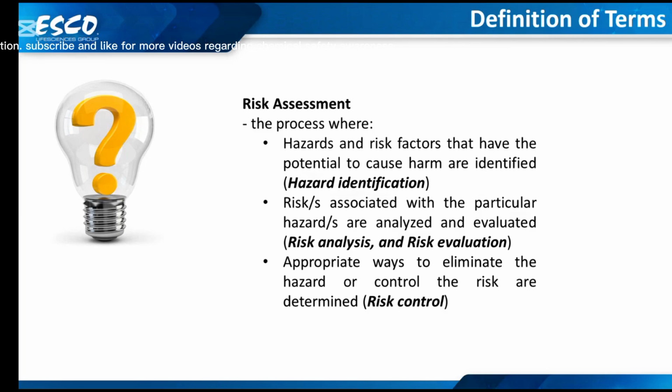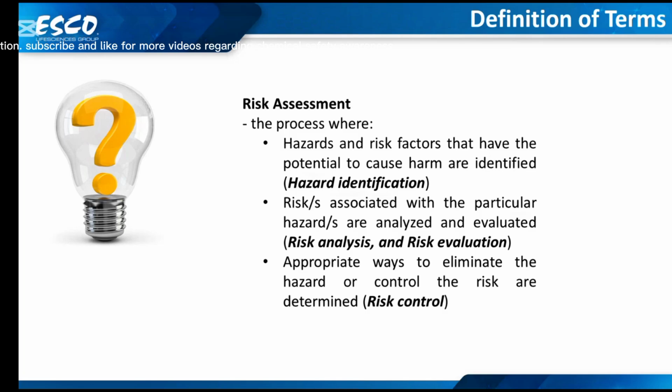So there are three phases in this risk assessment. There's hazard identification, risk analysis and risk evaluation, then risk control. So the process goes like this: the hazards and risk factors that have potential to cause harm are identified.